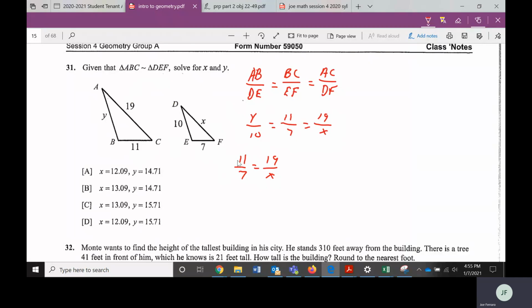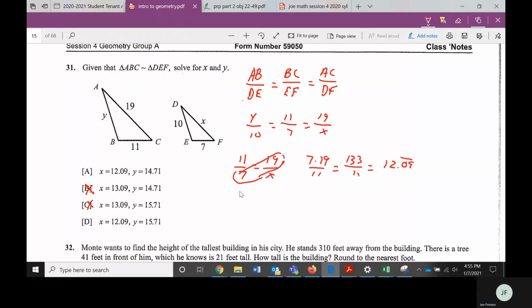I'll just make sure this is big triangle over little, big triangle over little. I'm going to cross multiply. So we're going to go 7 times 19 over 11. 7 times 19 is 133. Divided by 11, this will be 12.09090909. So it's 12.09 repeating. So it's either going to be A or D. So these are out if I think I did that right.